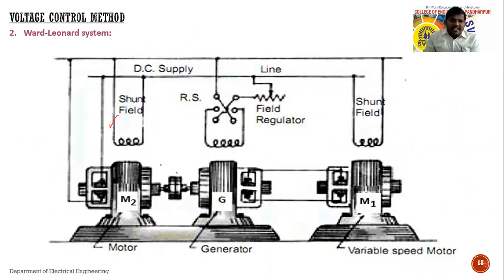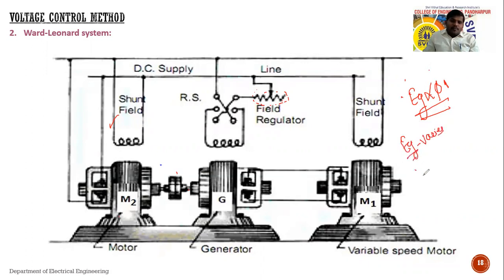The generator's speed is constant, so induced EMF Eg is directly proportional to the flux of the generator, and the flux can be varied by using a field regulator. By using a field regulator, we vary the flux. If the flux varies, then the induced EMF Eg also varies.